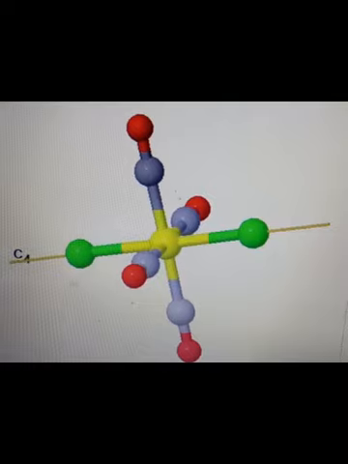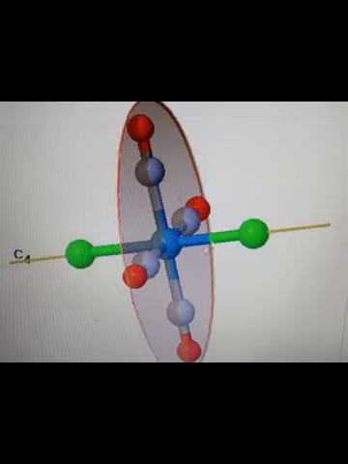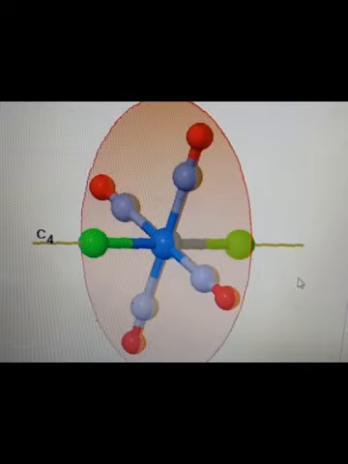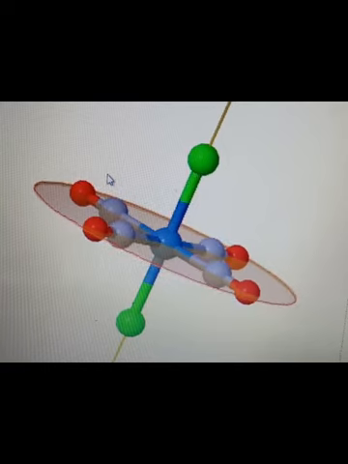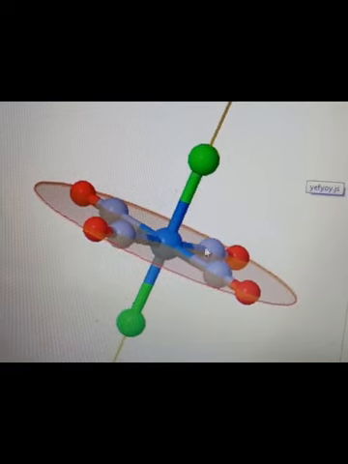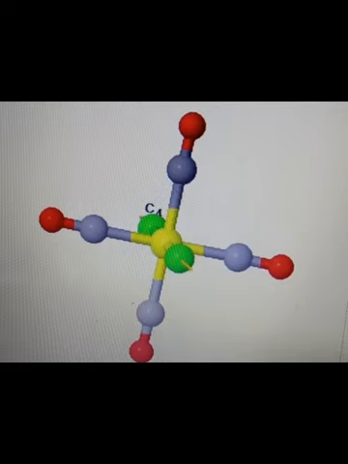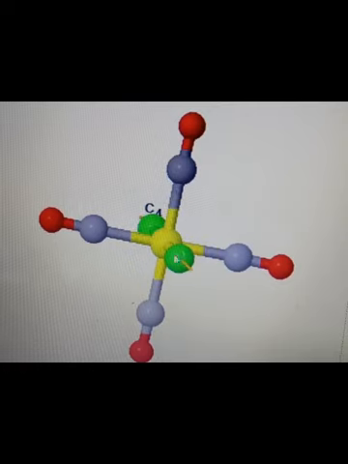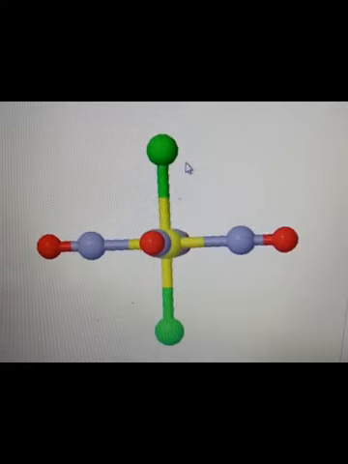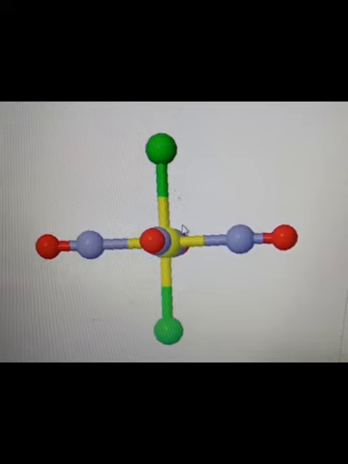You can see the sigma h, which is perpendicular to your principal axis of symmetry. Now coming to the next, since it has a center of inversion, that inversion can be shown like this. From the center, opposite groups reflect each other, similar groups are there, and therefore it has a center of inversion. So this is what it is regarding your D4h point group, that is the osmium complex.